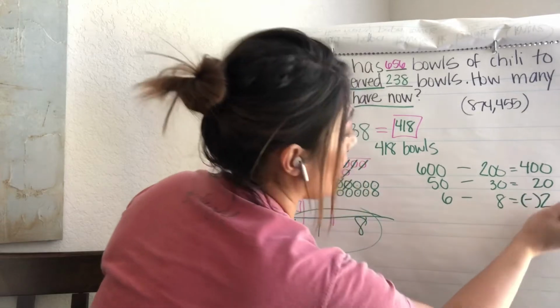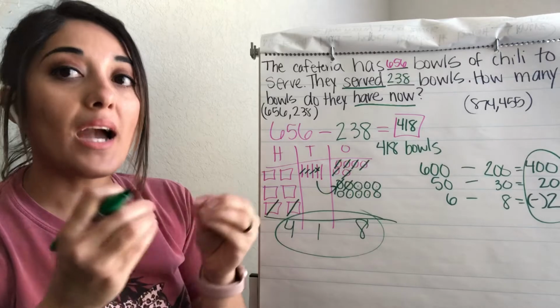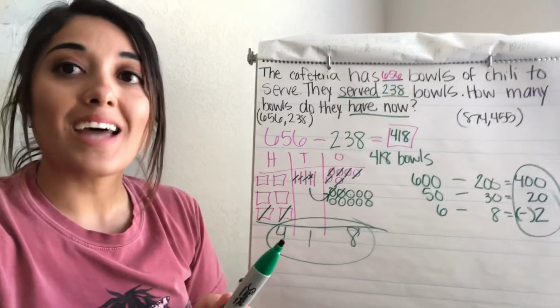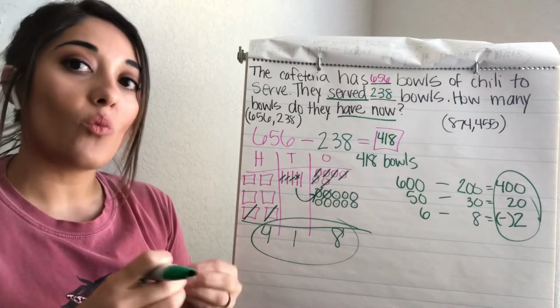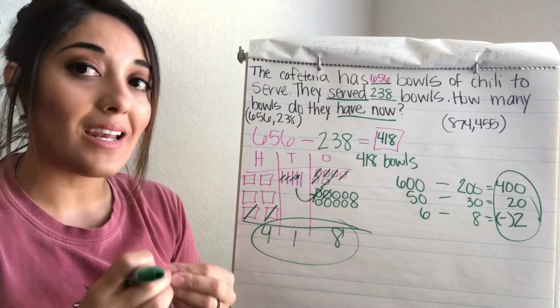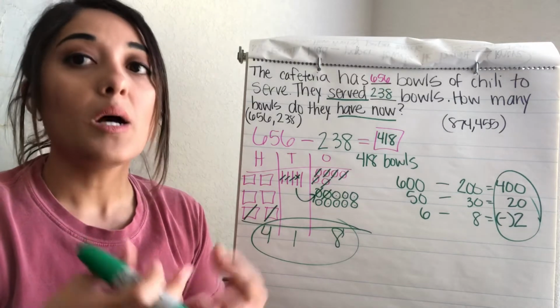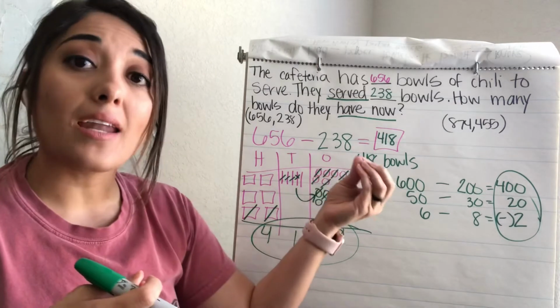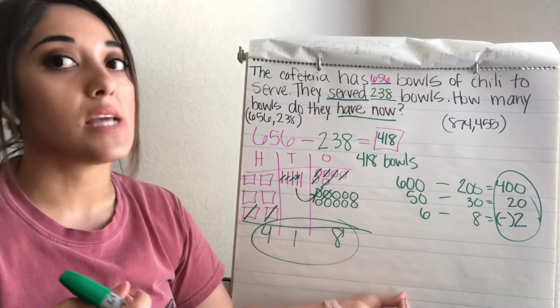Okay? Now, I'm joining back my hundreds, tens, and ones. That's why you're going to see me add here. We're adding those hundreds, tens, and ones back together, but I will add a negative, which just means I'm taking it away, okay? The reason I do that is because I'm adding back my hundreds, tens, and ones, and when we add a negative, it means I take it away.